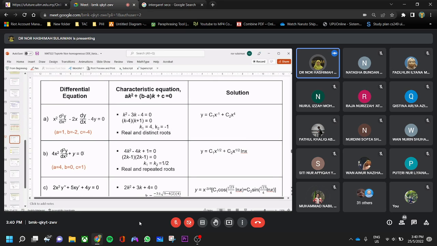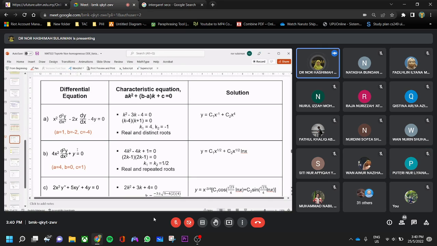Yes. Alright. So we proceed to the second one. Okay. Second one bentuk dia begini. The first derivative is missing, right? So A adalah 4, B happens to be 0. Kenapa B kosong? Sebab dia dekat sini ada tau. Nampak ke tak nampak ni dy dx kat sini?